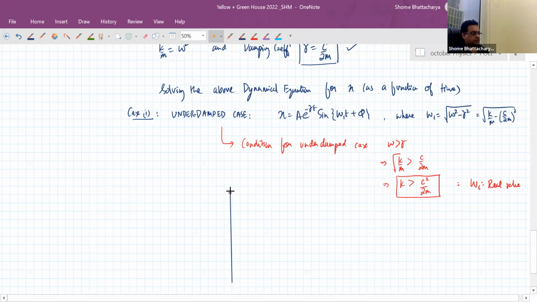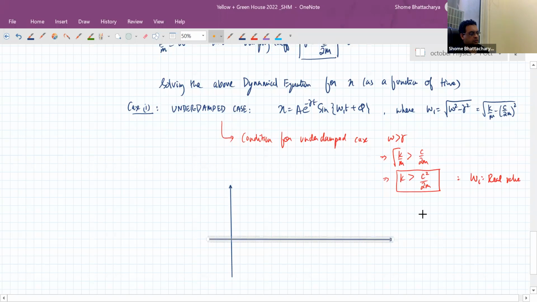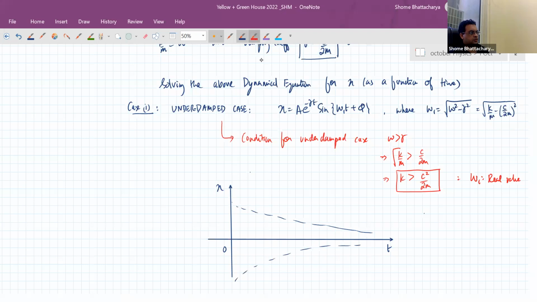And the variation of x versus time becomes this sort of a graph.